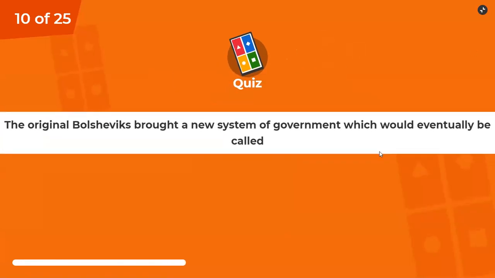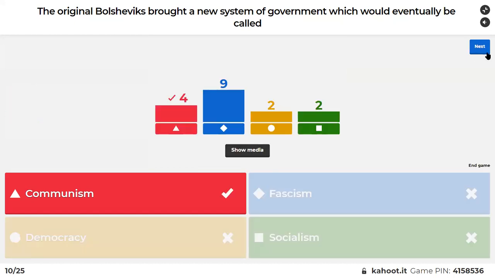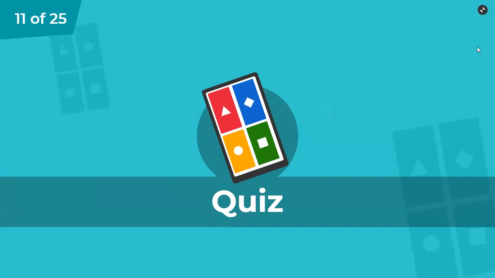The original Bolsheviks brought a new system of government, which would eventually be called what? So in Russia, the Bolsheviks set up what kind of government? Communism. You know that. Russian Revolution, communism.